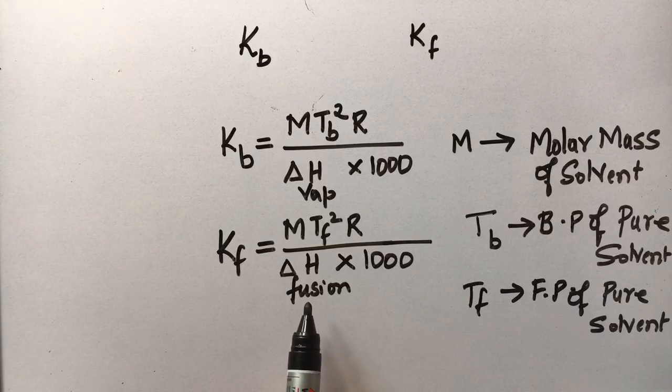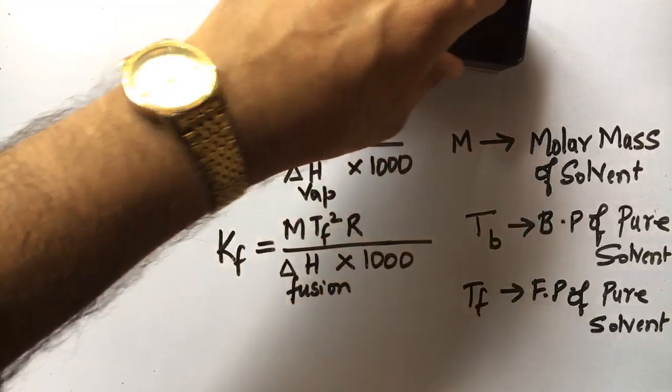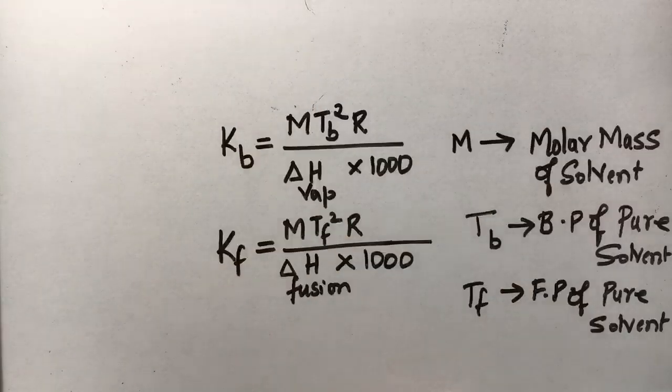Delta H fusion is the enthalpy of fusion, and delta H vaporization is the amount of energy which is required to vaporize 1 mole of a liquid into the respective gaseous state. I think this point is clear to you, students. You don't have to learn this formula by heart, but as a shortcut I'll tell you how to remember it. Can you tell me a company which provides you rasam powder and some sweets?